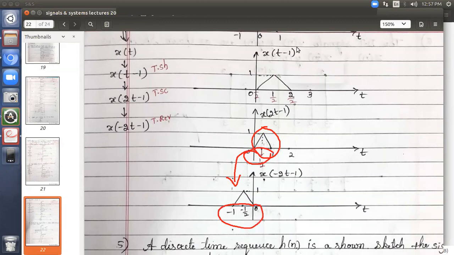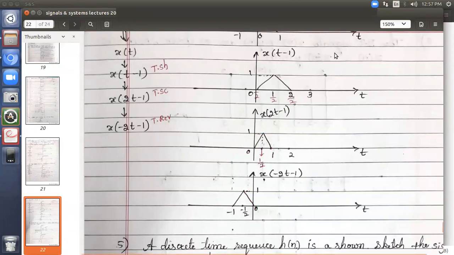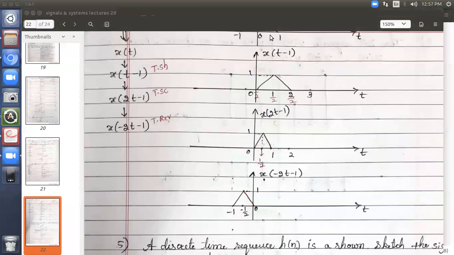So I hope you understood this problem. Any doubts in this problem, please ask me. Any doubts in this problem which I have solved? Please put it in the chat box or unmute and answer.